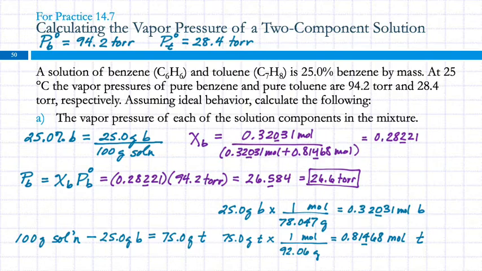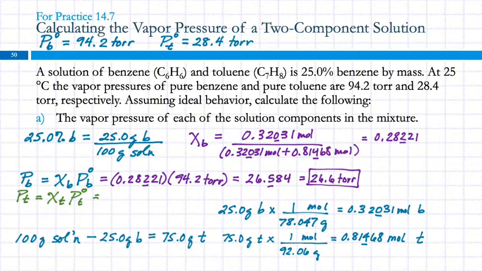And now we need the partial pressure of the toluene. So the pressure of the toluene is going to equal the mole fraction of toluene times the vapor pressure of pure toluene. I can use a kind of shortcut here. If this is the mole fraction of benzene, the mole fraction of toluene is 1 minus this, because there's two components, they have to add up to 1.